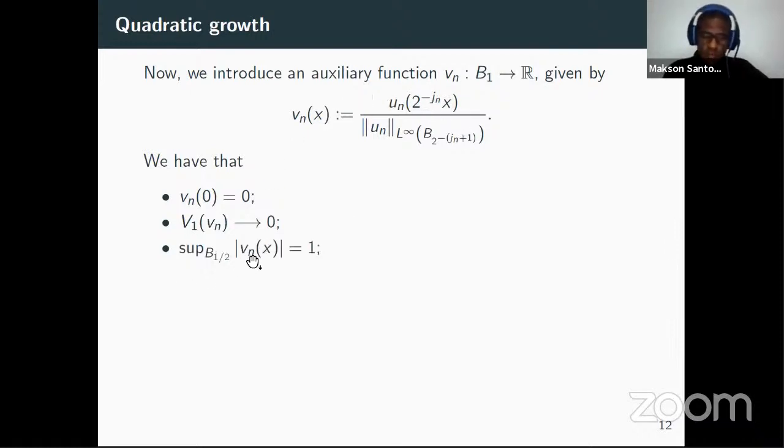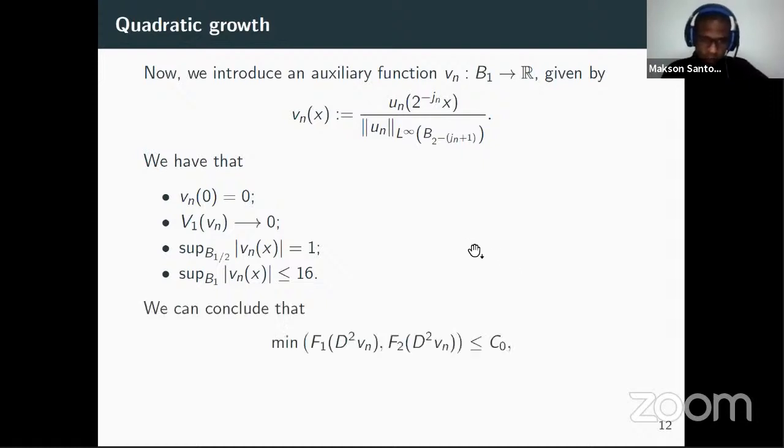And the supremum of Vn in B1 half is equal to 1, just look at the definition of Vn. And the supremum of Vn in B1 is less than 16. And using these properties and the definition of Vn, we can conclude that Vn satisfies these two inequalities, for some C0 non-negative.